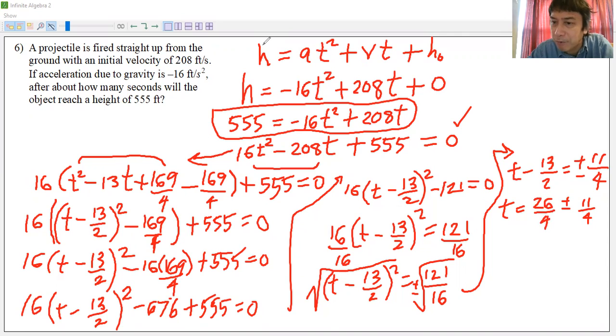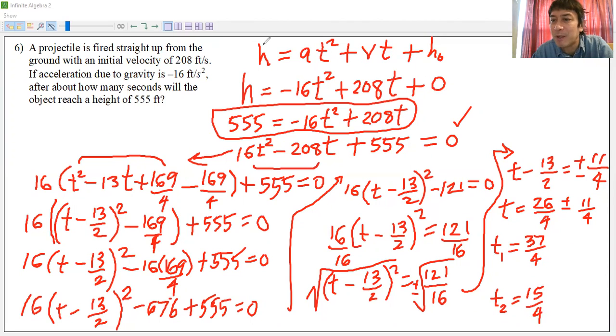And we can now have the first time, t1, which is 26 plus 11. That will be 37 over 4. And the other time will be when you subtract, 26 over 4 minus 11 over 4. That should be 15 over 4, like that.